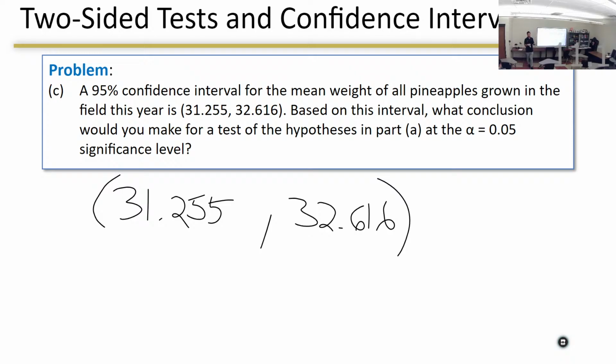We tried to prove that it was different than 31. So that's what we can say: we reject this. We have enough evidence to suggest it is different, even though it really looks like it's greater. We didn't do a right-tailed test. We did a two-tailed test. And if you do a two-tailed test, we can't say higher or lower. All we can say is different.